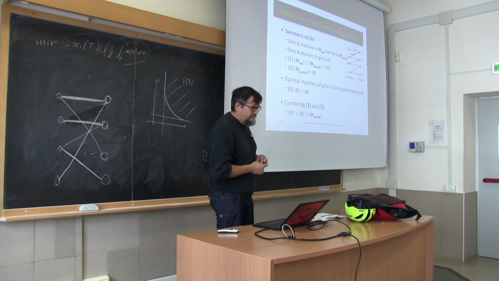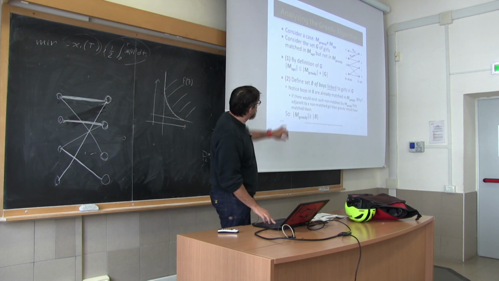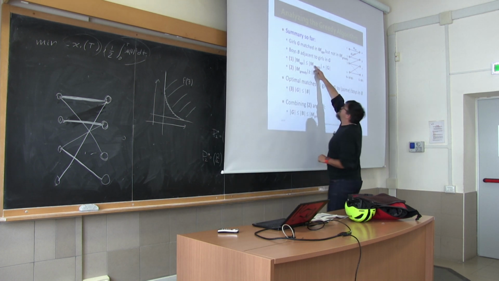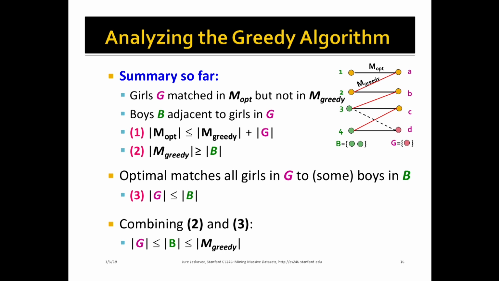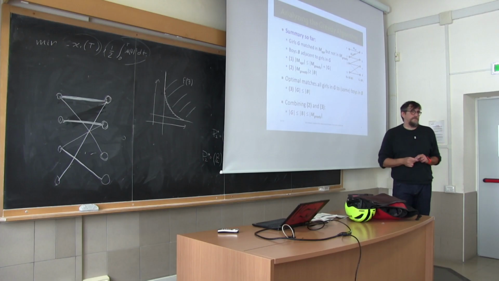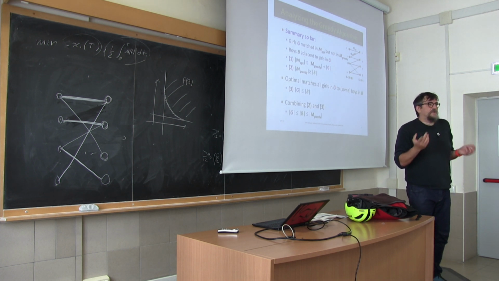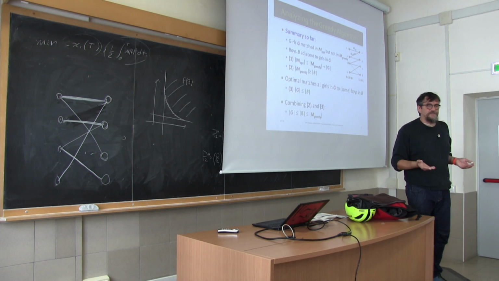So if we put together those first two ingredients, we have those two equations. Now we observe that optimum matches all the girls in G to some boy in B, because greedy cannot do it, but the optimum, by definition, has to consider all the elements and thus will do this matching.